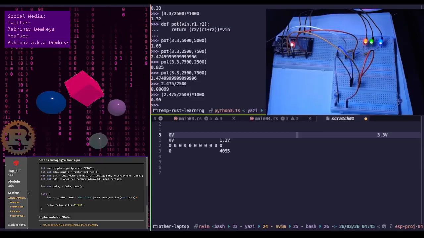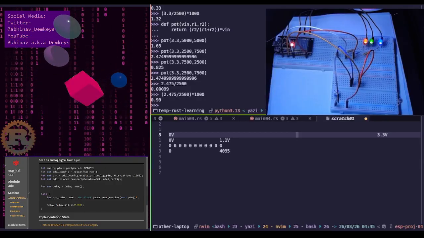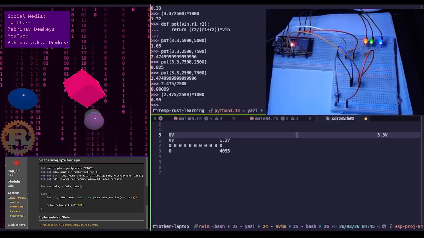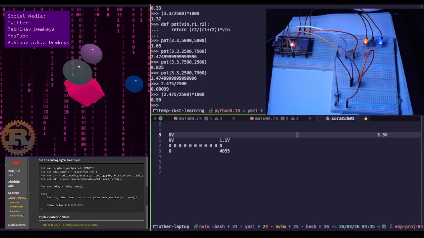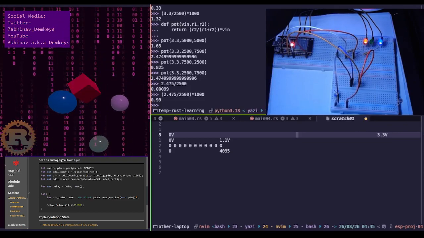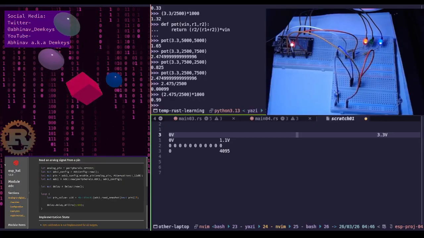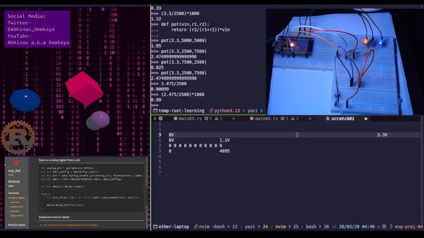Right. So then previously where 0 volts to 3.3 volts was being translated to a value between 0 and 4095, now 0.5 volts to 3 volts is going to be translated from 0 to 4095.